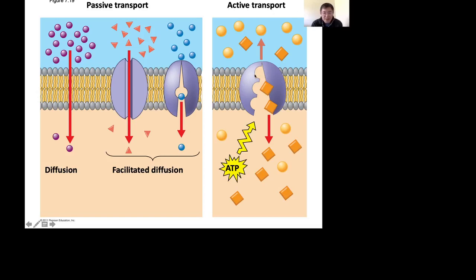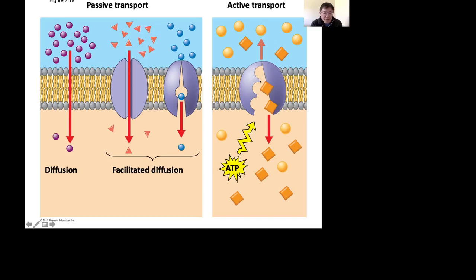This pump can pump 3 sodium. This spherical molecule is the sodium, and this cubic molecule is the potassium. This pump pumps 3 sodium into the cell and at the same time pumps 2 potassium out of the cell.